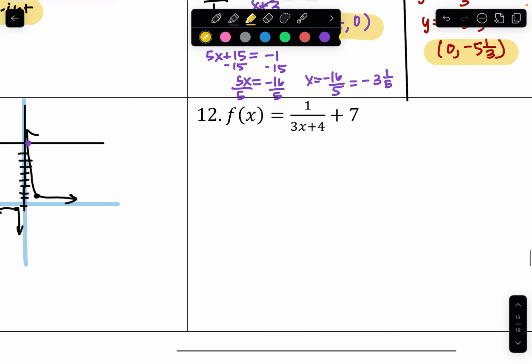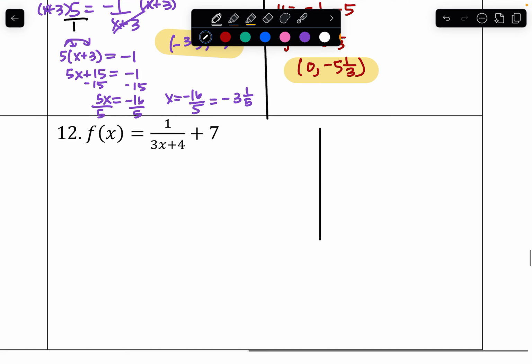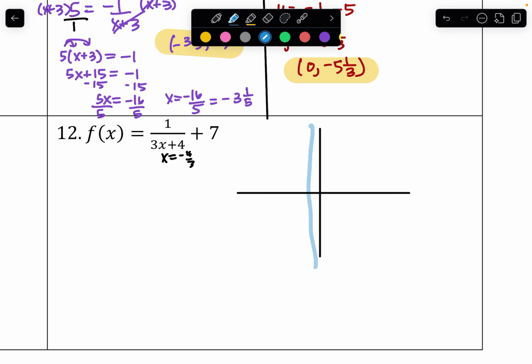Okay, for this last one, we can sketch it. We have a vertical asymptote at -4/3, so just before the -1, and then we have a horizontal asymptote at +7.